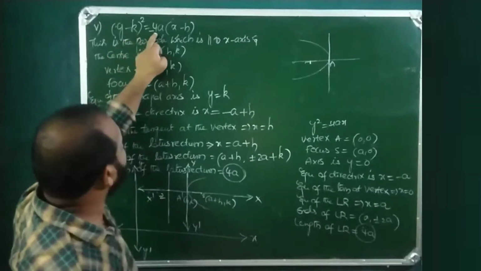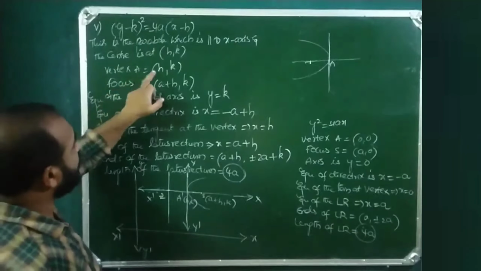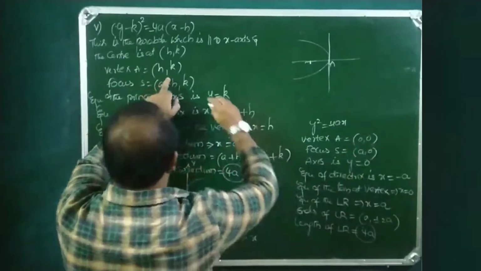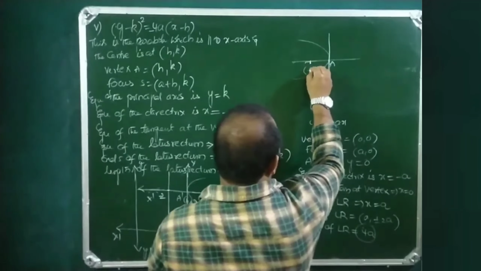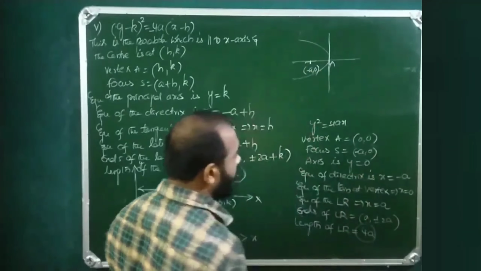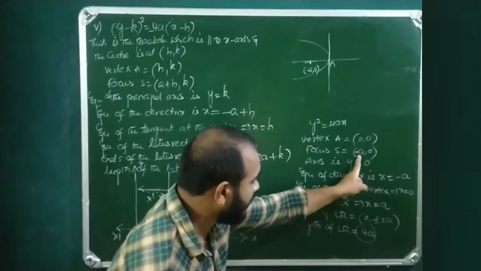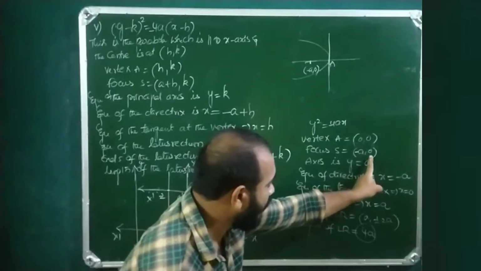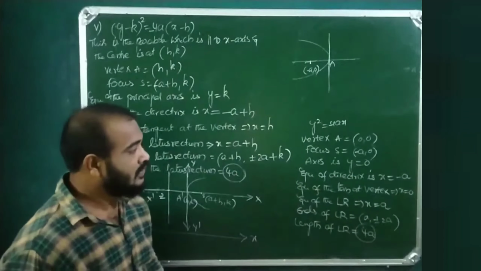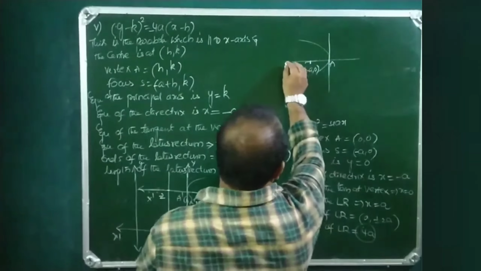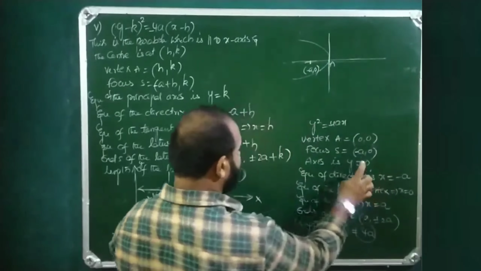So for y minus k whole square, for this the vertex is h comma k to be added. And for this focus is minus a comma 0. So with the focus the x coordinate h and y coordinate k will be added. So minus a plus h comma k, and the axis, the equation of x axis is y equals to 0.